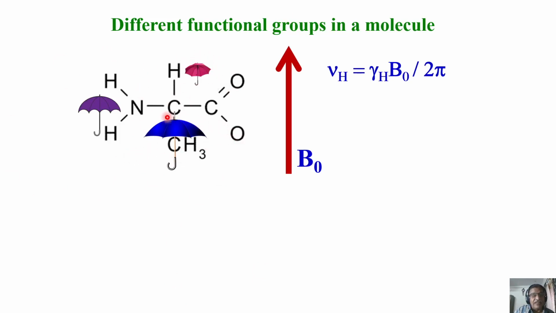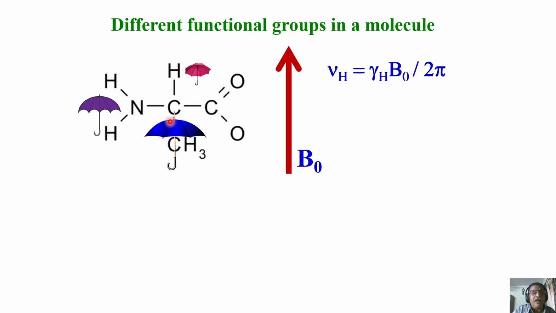I have written the shielding electronic cloud has a bigger umbrella here. It is much more shielded because of 3 protons than NH2, which is 2 protons, of course, with the nitrogen, and the CH proton has a smaller shielding. The umbrella size here tells you the extent of shielding.